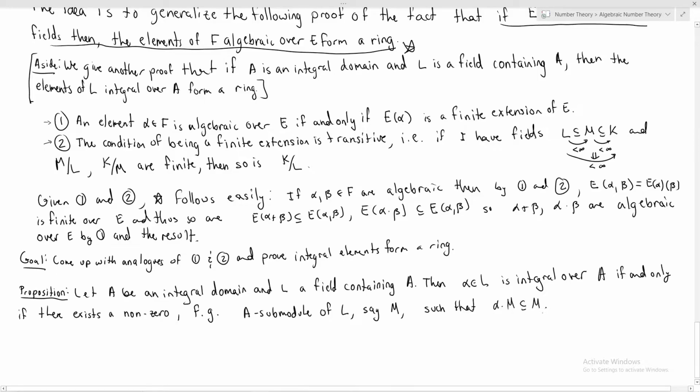Essentially, this is what I think of when I think of this result. I've got some field L, so I'm thinking maybe of L as C, a plane, and I'm thinking of A as Z, for example. This is probably the simplest possible case. And a Z-submodule of C is basically a lattice in C, kind of like a constellation of points.